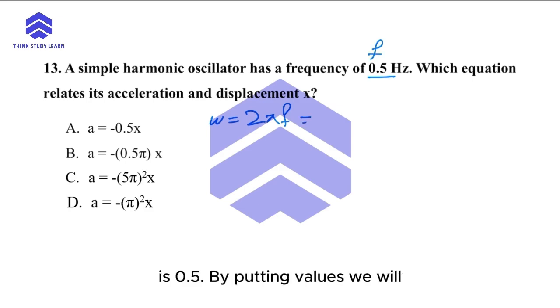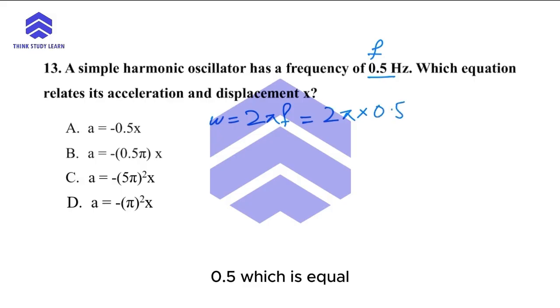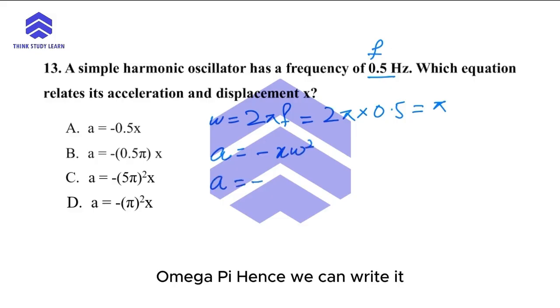By putting values we will get 2 pi into 0.5 which is equal to pi. Hence we can say that the angular frequency is pi. Now we know that the formula of acceleration is minus x omega square. Here omega is equal to pi, hence we can write it as minus pi square x. Hence the correct answer is option D.